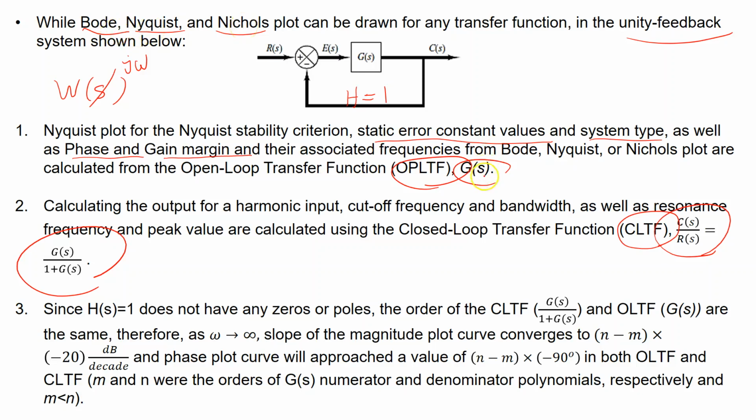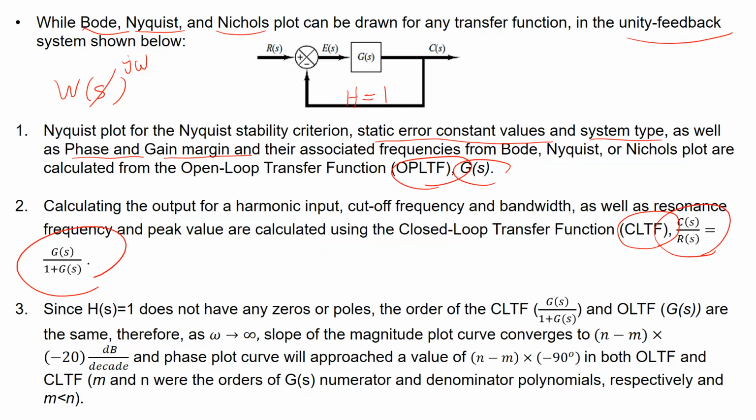Do we plot it for G and look at the results, or do we plot it for C over R, which is G over 1 plus G? For which one of these, open loop or closed loop, do we do the plots, and then from those we acquire these numbers? Which one? So this is very, very important.